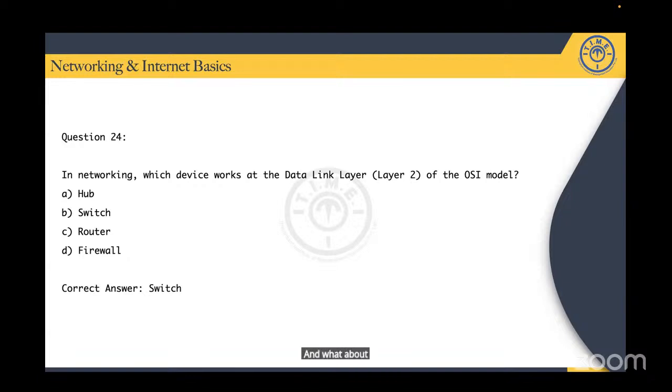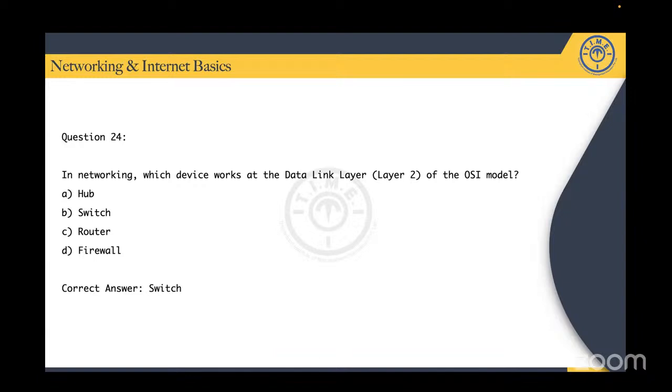Then what about the other options? Let's start with hub. It works at the physical layer, with no intelligence. A router works at the network layer and uses IP addresses. A firewall operates mainly at the network and application layers. So let's put it together now. Option A, hub, works at the physical layer.